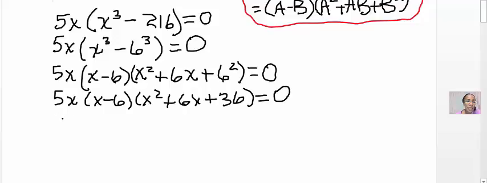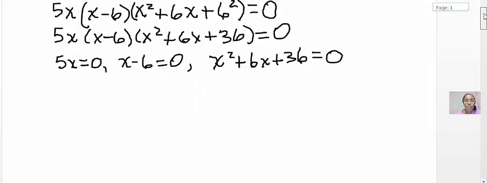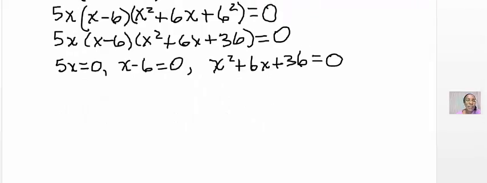So we take each factor that has the variable in it and set it equal to 0: 5x equals 0, x minus 6 equals 0, and x squared plus 6x plus 36 equals 0. We find the solutions by solving these three equations.